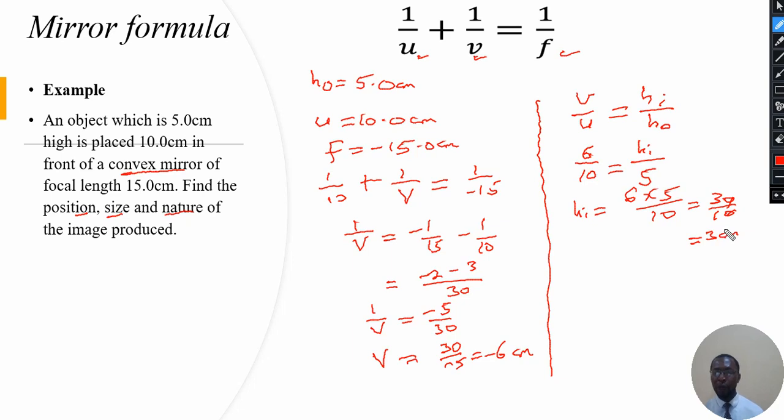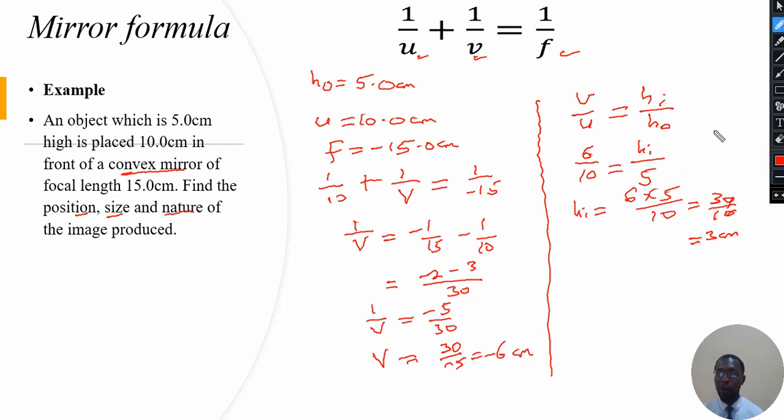So this has confirmed that the image formed is indeed smaller than the object, because the image here is 3 centimeters in height, while the object is 5 centimeters. So these are the characteristics of the image formed in a convex mirror. It's always smaller than the object, which is called diminished. It's virtual, that's why we have minus 6 here, and also it is erect.